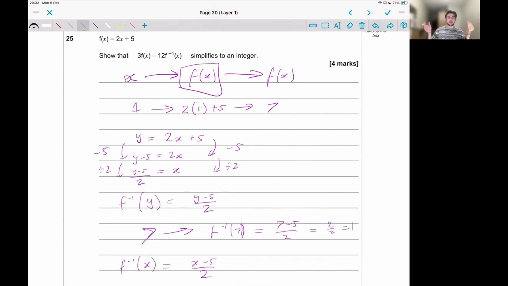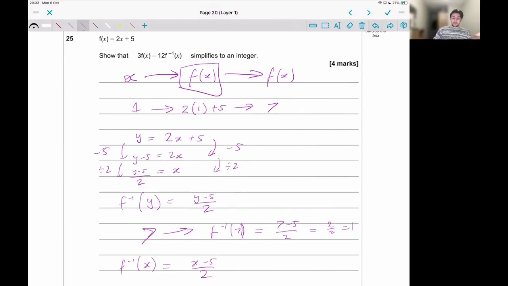I've not changed anything by replacing the y with an x. It's just that I've chosen a different placeholder. And so for that reason, you might see teachers, when they teach this method, swap the x and the y already at the beginning, rather than what we just did and swap it at the end. It doesn't matter whether you swap it at the beginning or the end, you get the same output.